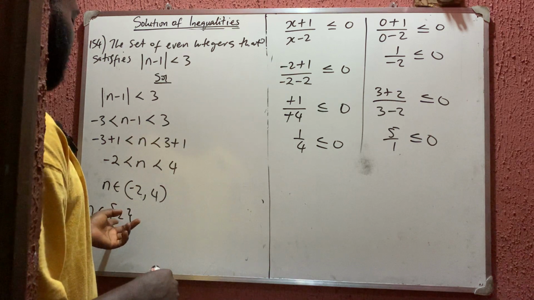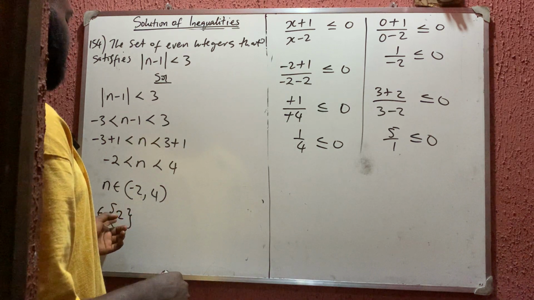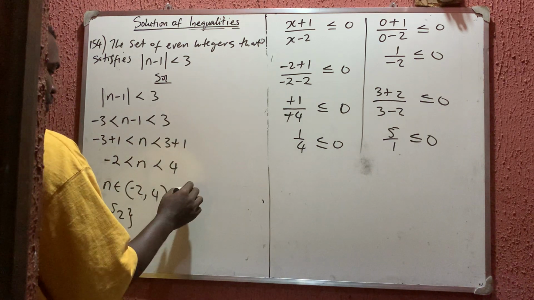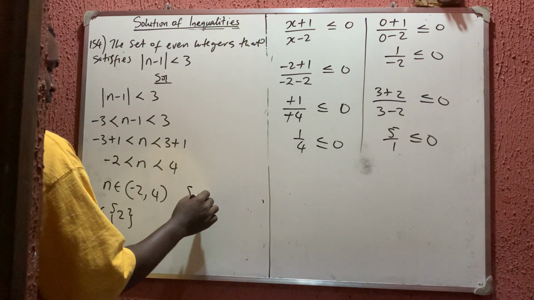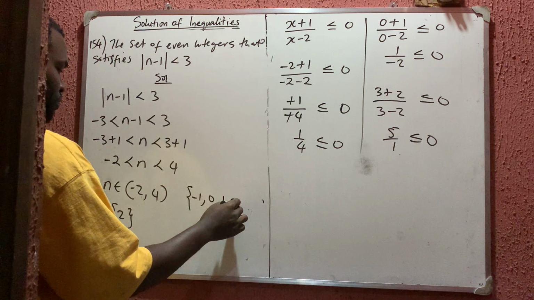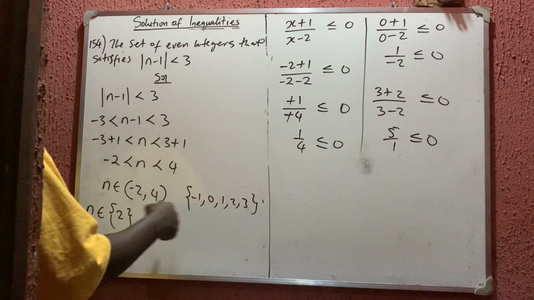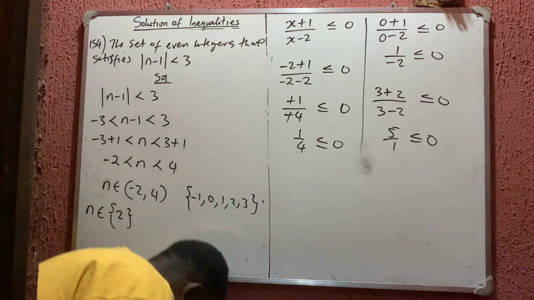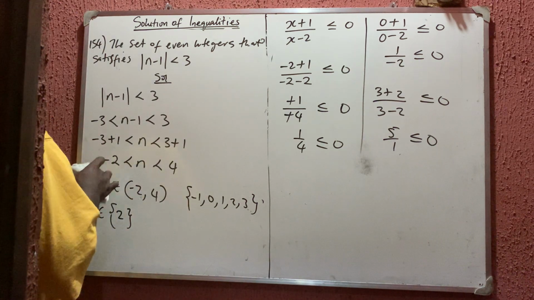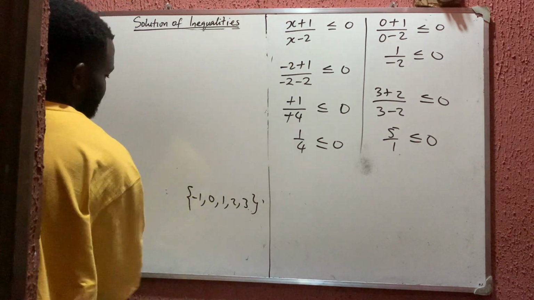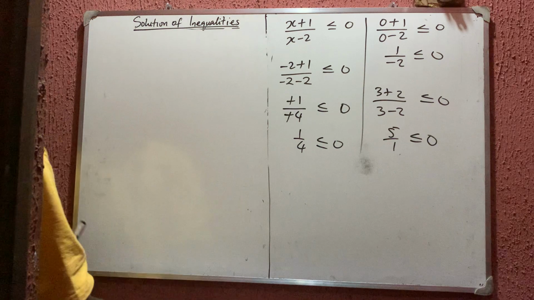If 0 is an even number, then it will be 0 and 2. But if not, only 2. Because the numbers here are minus 1, 0, 1, 2, 3. These are the numbers here. So the only even number here, I think 2 is the only even number here. I don't know if 0 is even. So you can check if 0 is even, and if 0 is even, you include 0. You can browse it, find out by yourself if 0 is even.